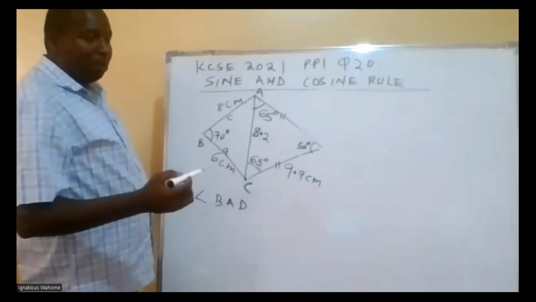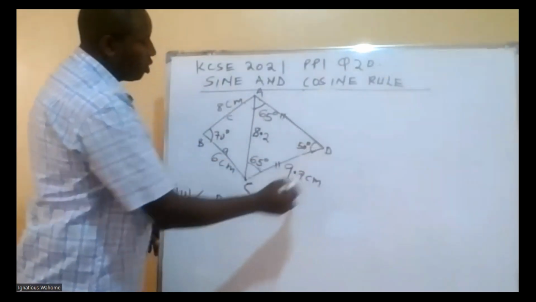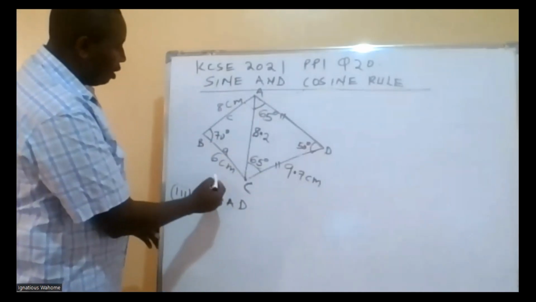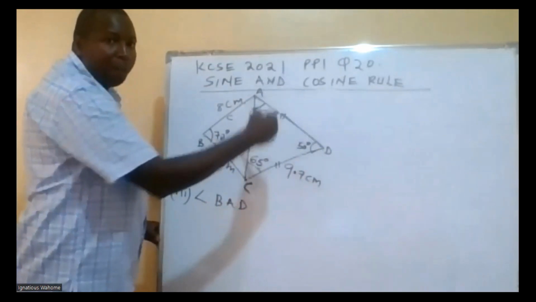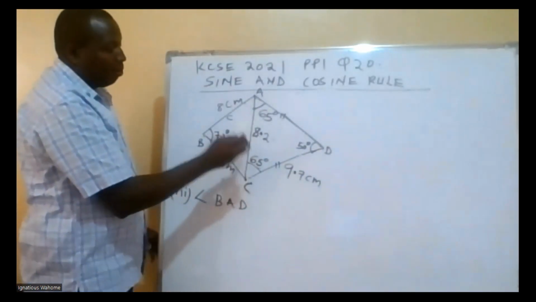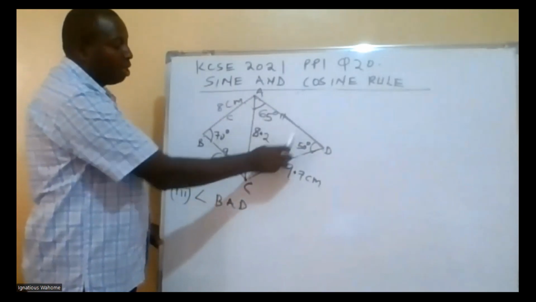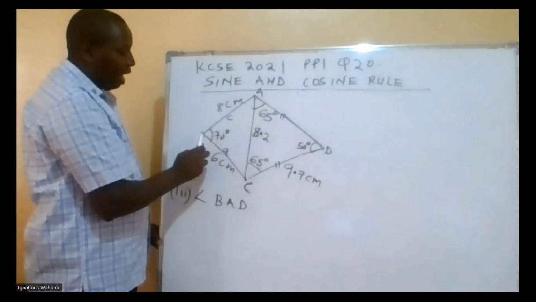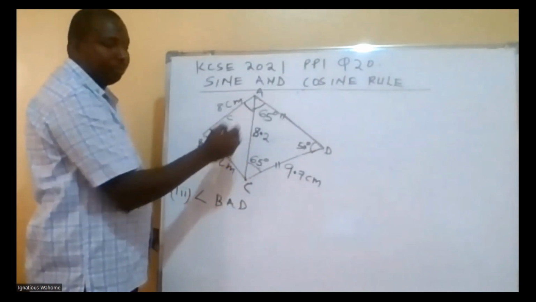Now, in question number 3, you are told to calculate the size of angle BAD. In our previous question, we have seen that this angle is 65 and this angle is 65 because this is an isosceles triangle. For us to get the angle BAD, we must find this angle.